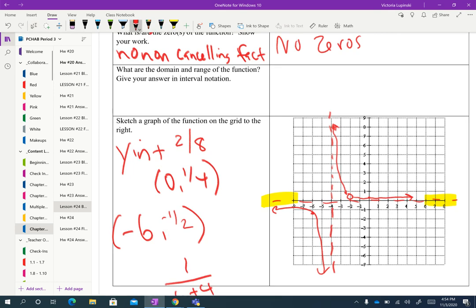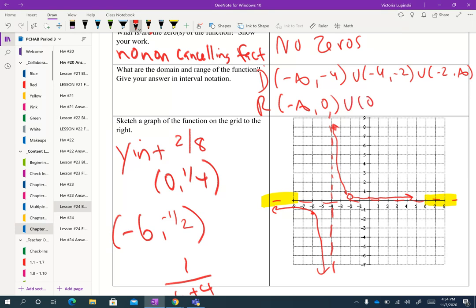For the domain, you're going to go from -infinity to -4, -4 to -2, and then -2 to infinity. For the range, -infinity to the asymptote, which is 0, 0 to the hole, which is 1/2, and then 1/2 to infinity.